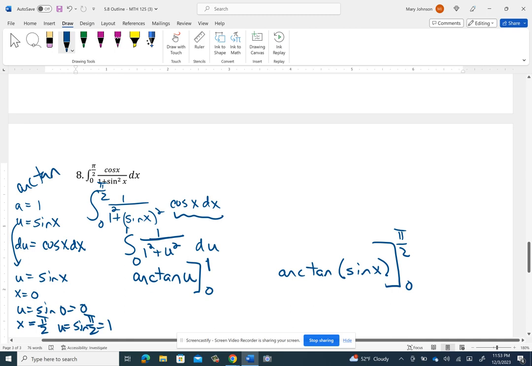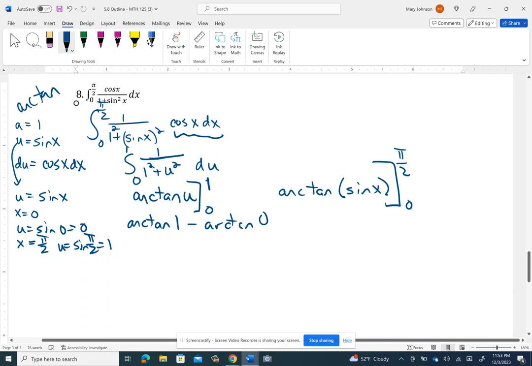All right, so if we did make that switch, then I need to do the definite integral part. So I'm going to plug in a 1, arctan of 1 minus arctan of 0. Okay, so let me just write what you should be thinking. You need the angle whose tan is 1, and the angle should be something in the first or fourth quadrants.